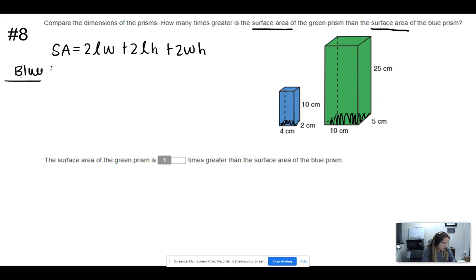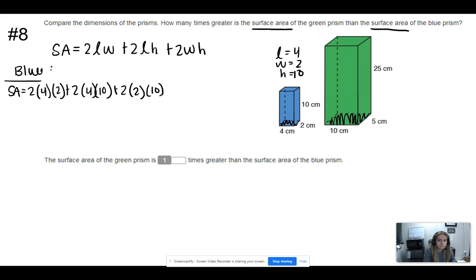For the blue one, my length is 4, my width is 2, and my height is 10. Surface area equals 2 times the length 4, the width 2, plus 2 times the length 4, the height 10, plus 2 times the width 2, the height 10.